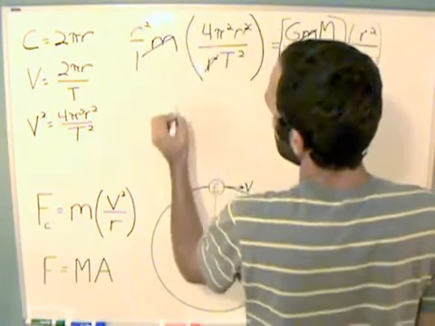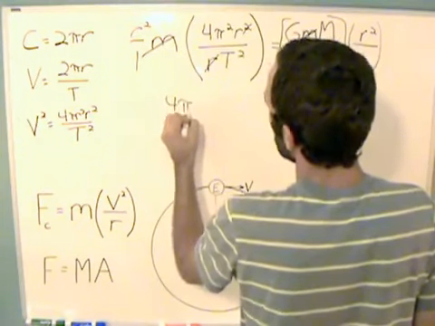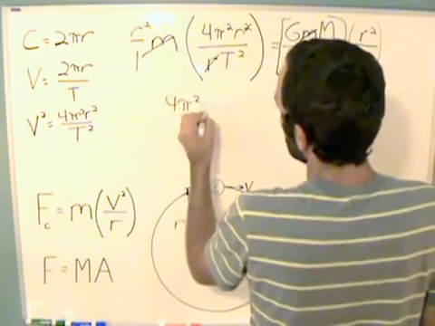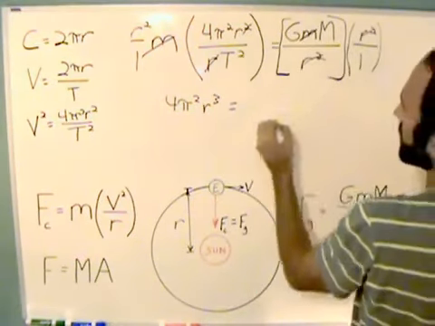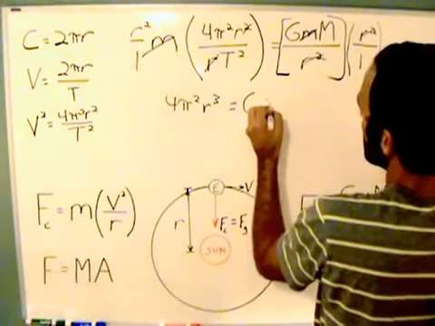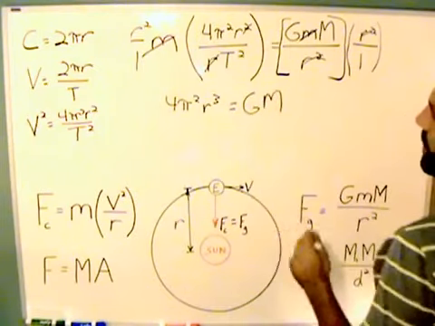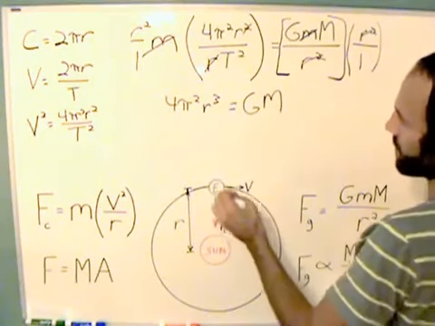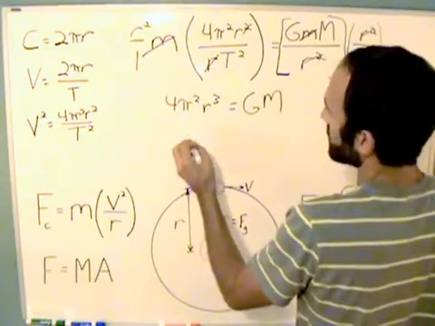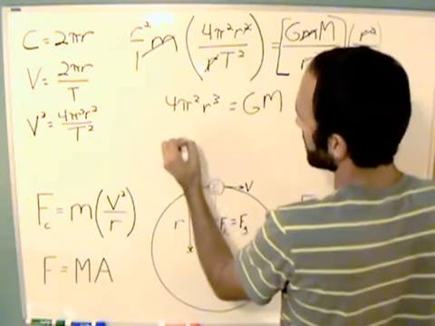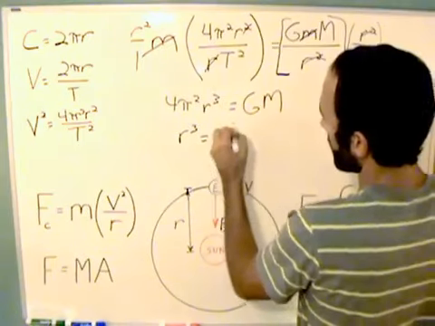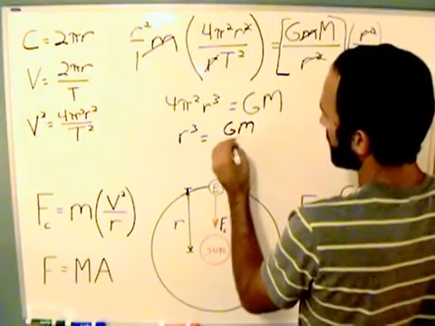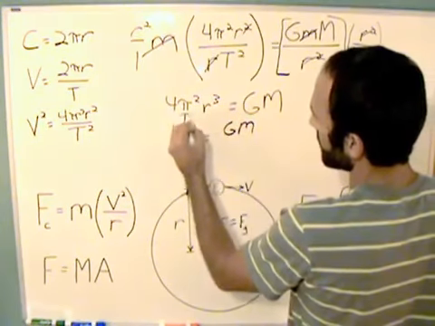That gives us 4 pi squared r cubed equals, cancels on this side, G times big M. And then we want to get r by itself over here, so we just divide by 4 pi squared. I'm not going to actually show the steps, but we'll just say r cubed equals G M, nope, I missed T cubed.